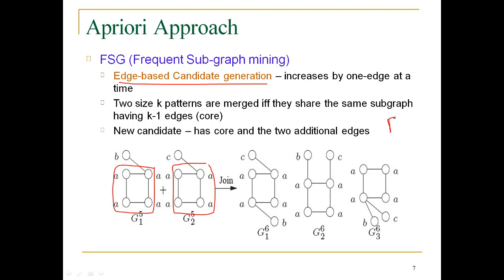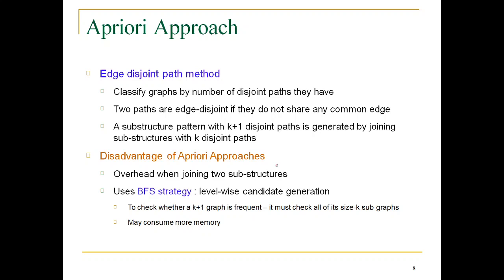You may also attain it like this, or in this manner. So a new candidate will have a core as well as two additional edges. Like that we find the patterns in the Apriori-based approach.